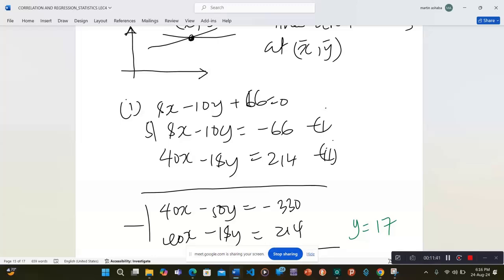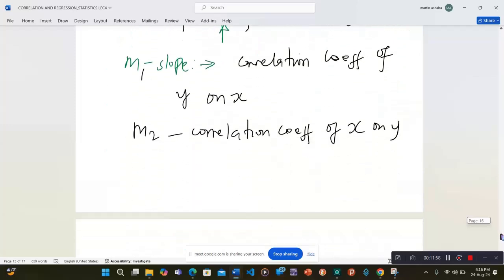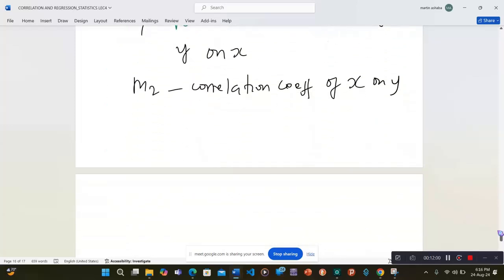If it is y is equal to something times x plus a constant, then that will be the slope of the graph of y in terms of x. So we are building a concept which is going to help us to answer the above problem.